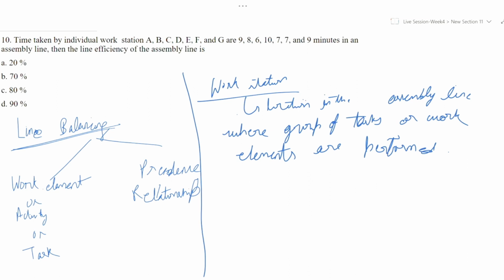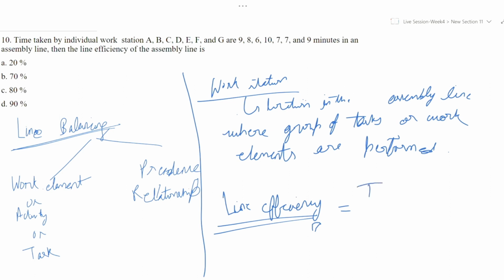Now, next is cycle time. Now, line efficiency, this is very important. Line efficiency is equal to total work contained divided by number of workstations into cycle time.